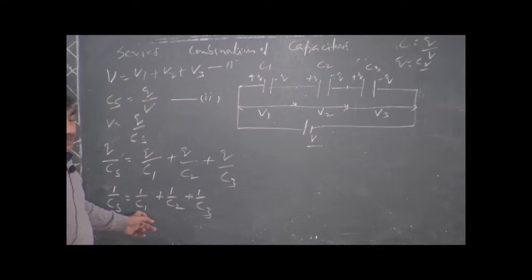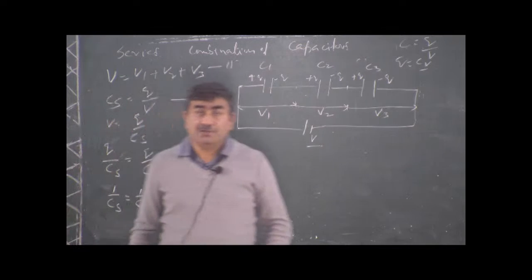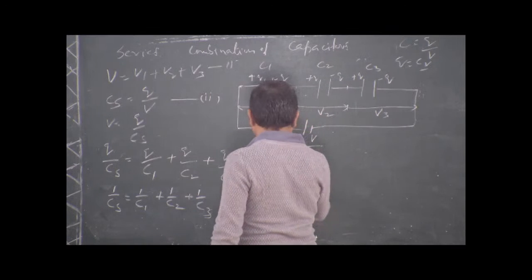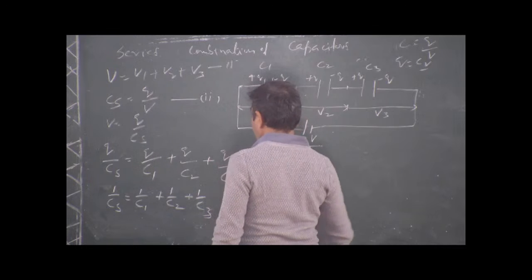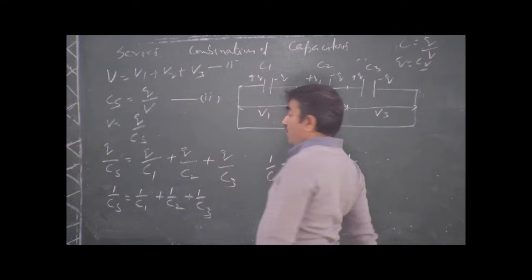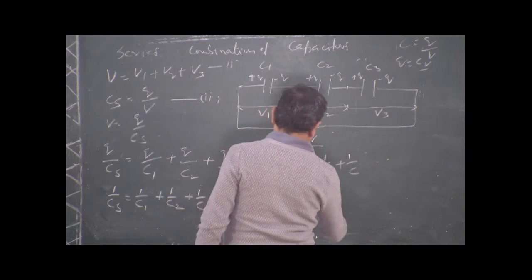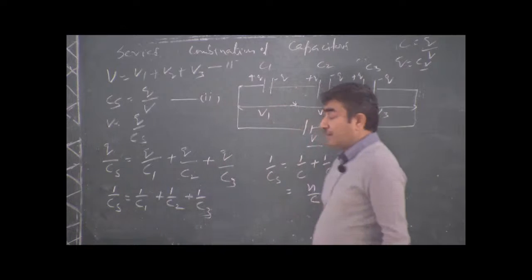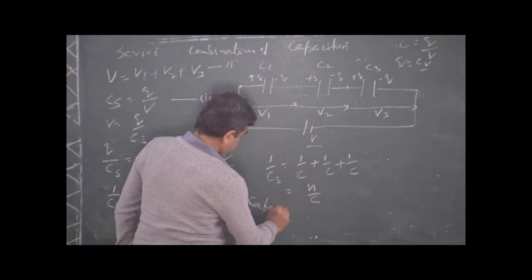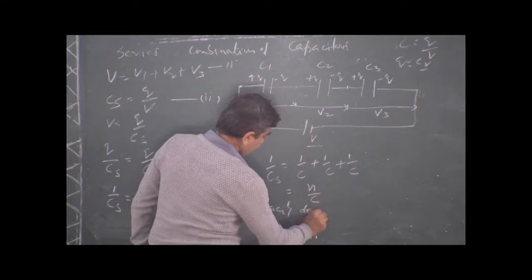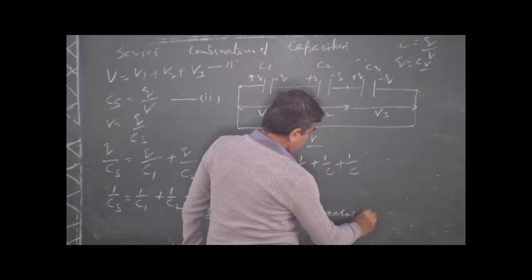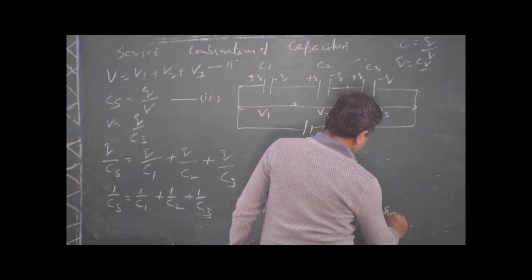If we are having n capacitors, each of capacity C, in that case 1 upon Cs will be equal to 1 upon C plus 1 upon C plus 1 upon C, and so on, or it will be equal to n by C. So capacity decreases in series combination.